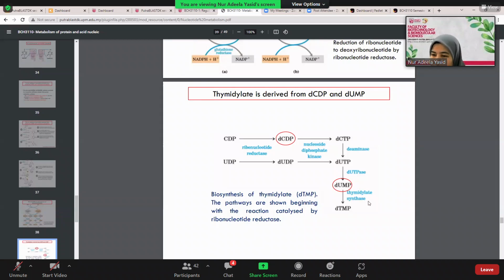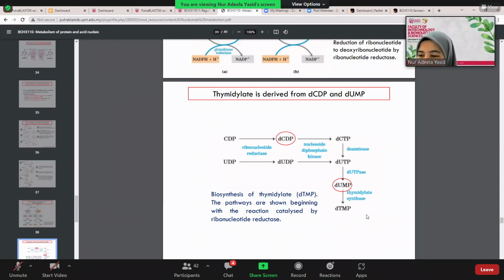Apa sources dia? So the donor for this methylation reaction is N5,N10-methylene tetrahydrofolate, THF. So that molecule acts as a donor for methyl to form this dTMP. Simple je kan kalau kat slide ni.